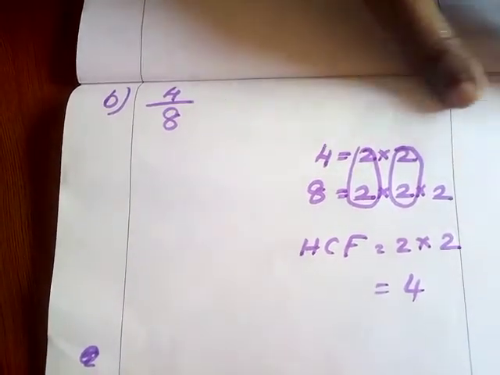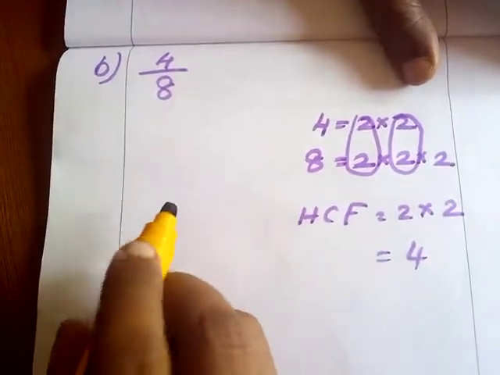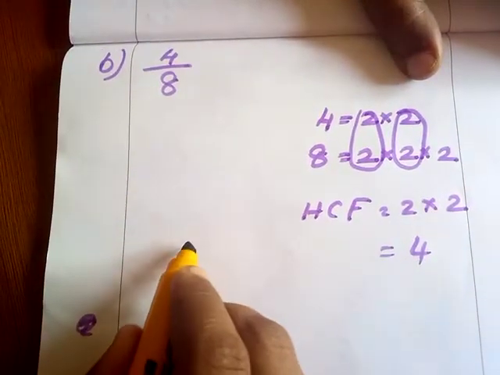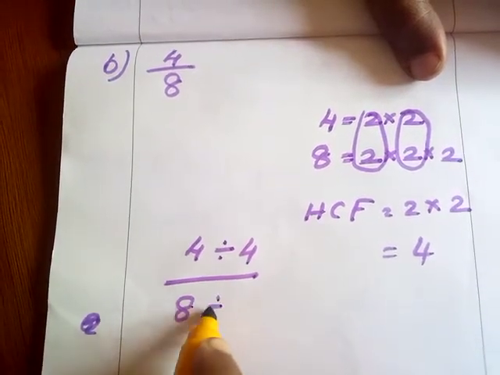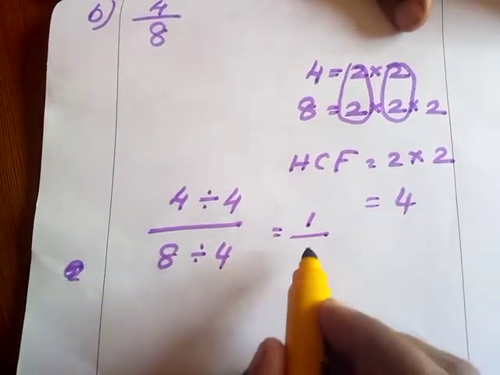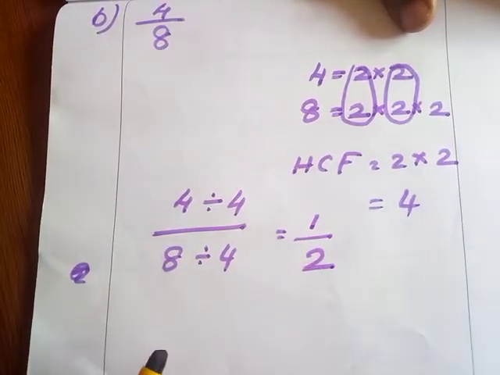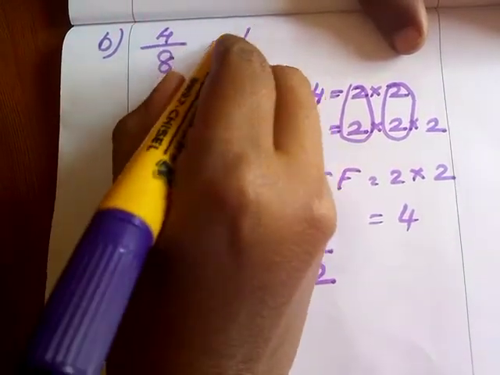So we found the HCF. As I said, divide the numerator and denominator using the HCF. 4 divided by 4 is 1 and 8 divided by 4 is 2. So the lowest term of 4 by 8 is equal to 1 by 2.